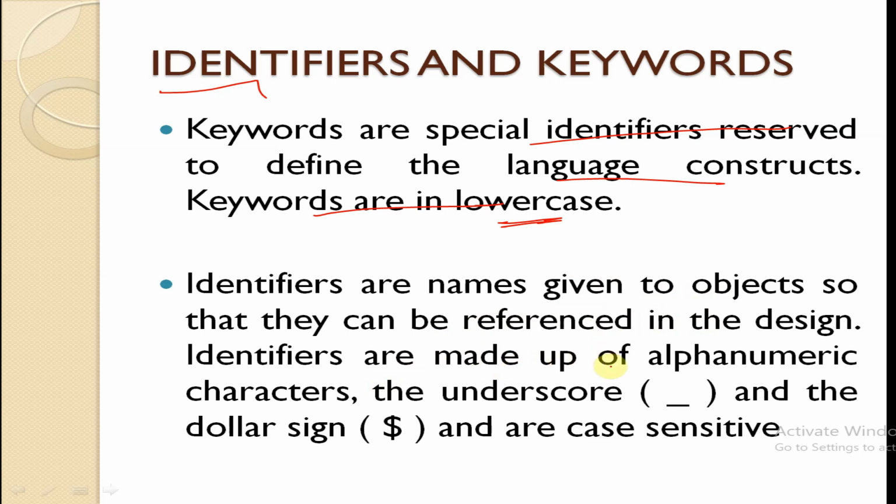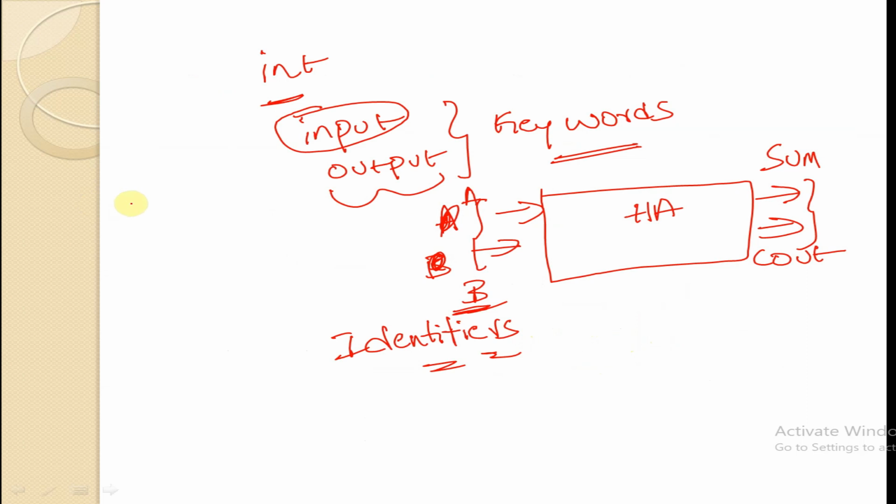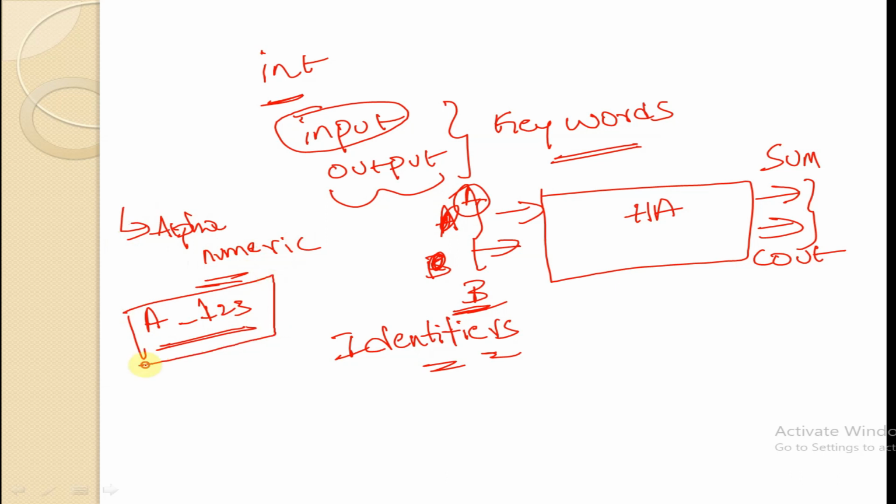Identifiers are made up of alphanumeric characters, underscores and the dollar sign, and are case sensitive. We can use alphabets as well as numbers, for example underscore 1 2 3. These are case sensitive.